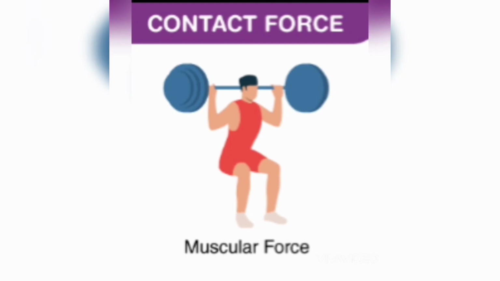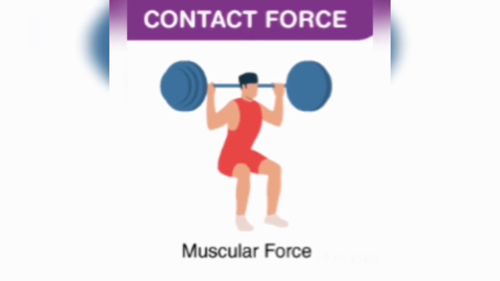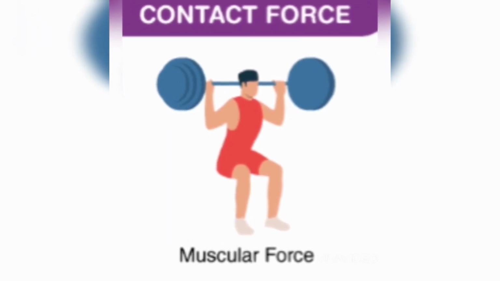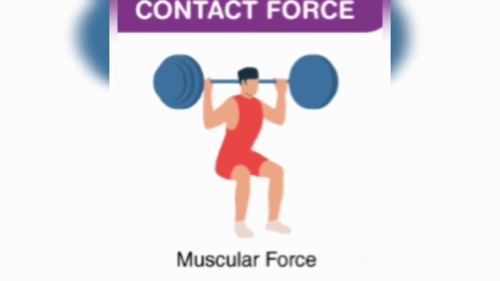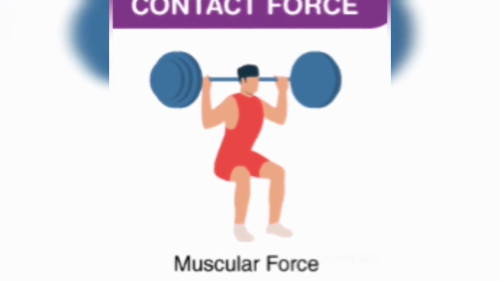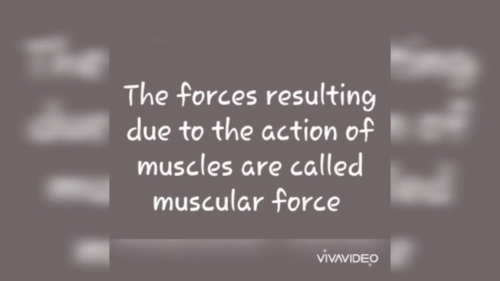Or we can say that the force is caused by the action of muscles in our body, and that force is called muscular force. How can we define muscular force? The force resulting due to the action of muscles is known as muscular force.